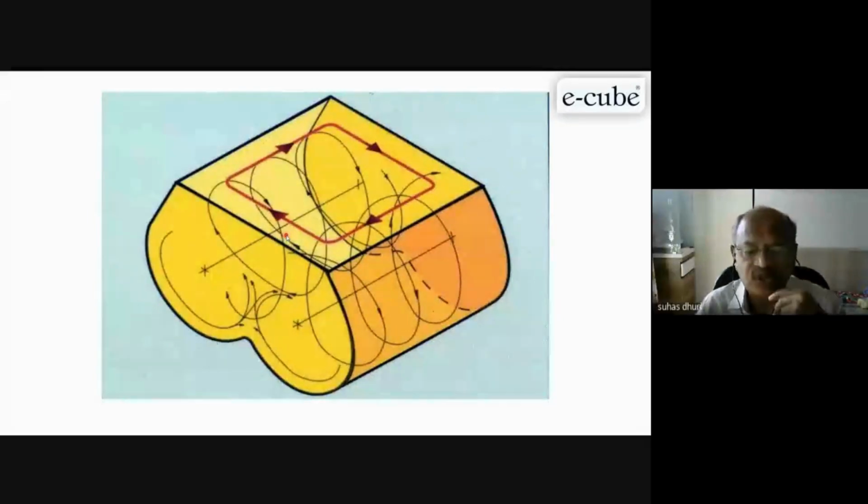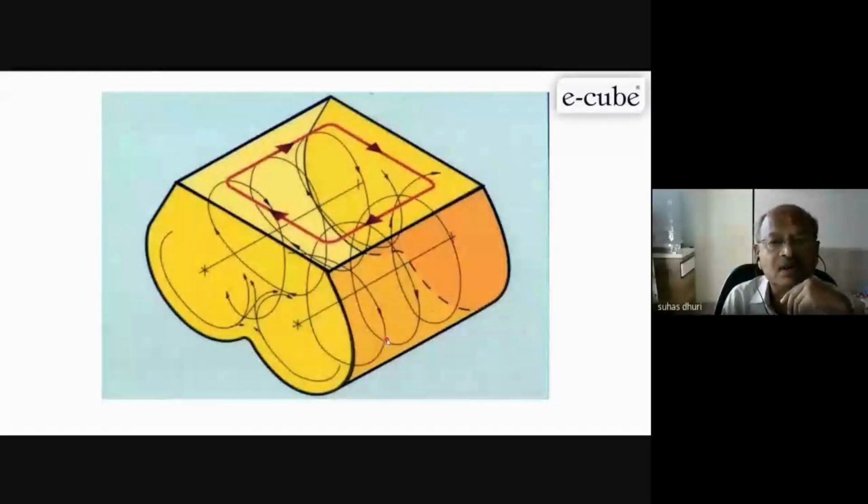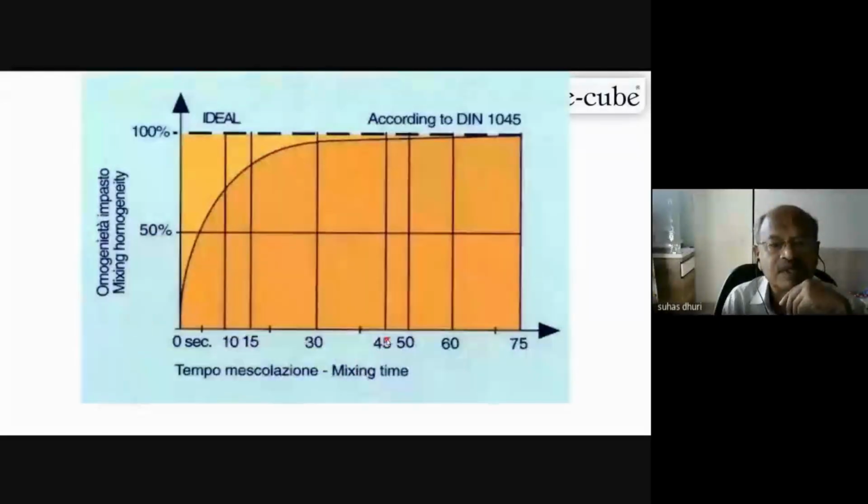I think next time I'll show one or two videos for the mixing, how it takes the mixing in the concrete. See, this is the mixing time. We'll have to see the optimized mixing in 30 seconds or at least 45 seconds here, around 98% efficiency is there.